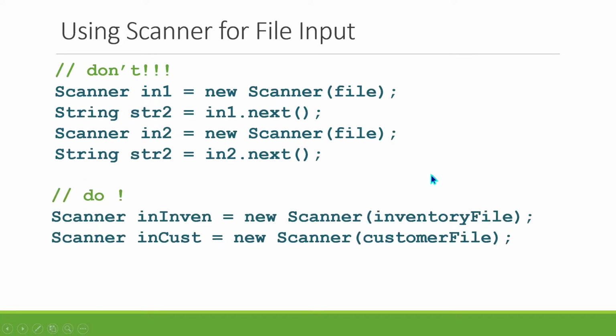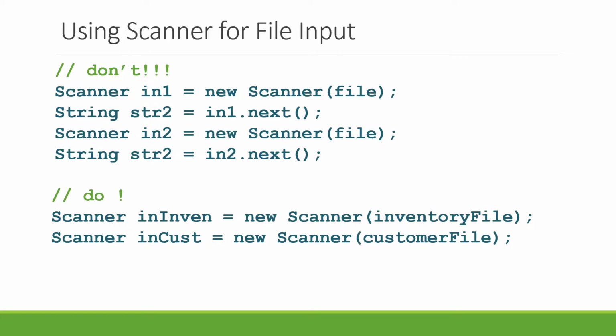There is a situation where you might create multiple scanners, for example, if you have two different files. If I want to read in data from the inventory file and at the same time in the same program, I also want to read in data from a customer file, then fine, you would have to have two scanners for those. When we're working with keyboard input, the only other time you might create two scanners, and I actually do this all the time, is if I'm doing a lot of user input from the keyboard and I'm using a lot of methods like next, nextInt, nextDouble, but then I'm also using nextLine, then you know there are problems with that, right?